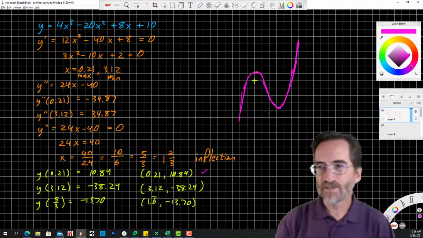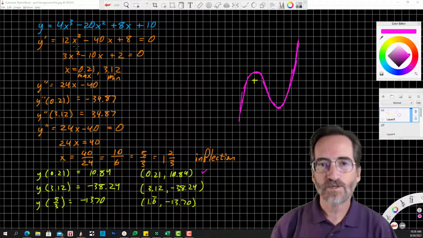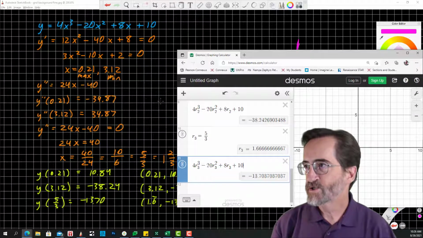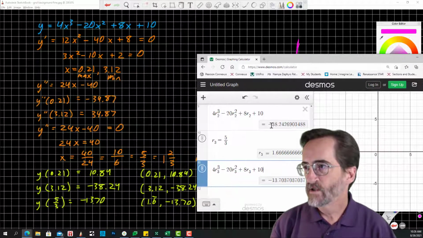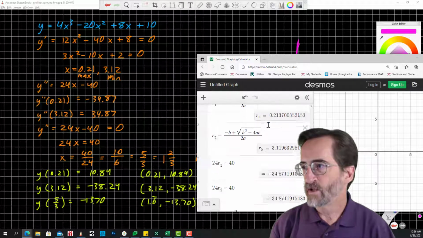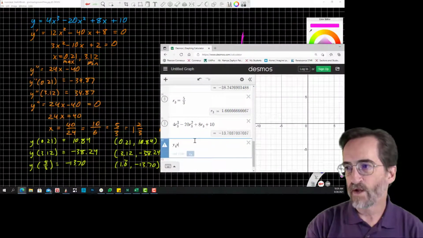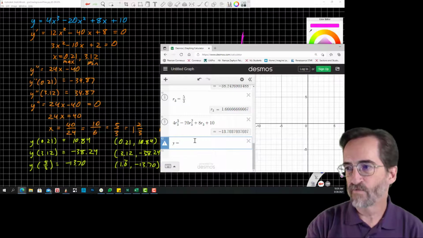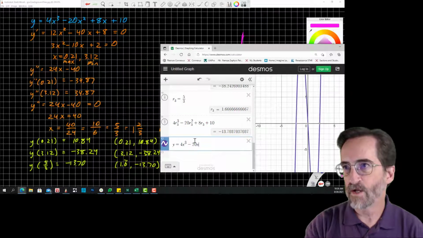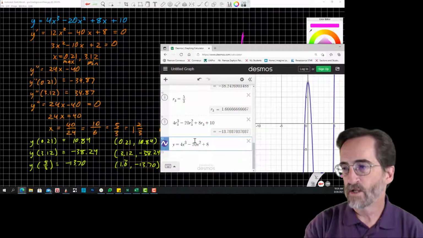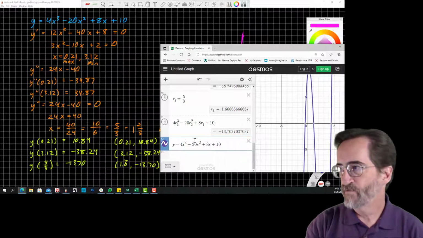Now let's use Desmos to check a couple things here. So I'm going to go ahead and put in the function y equals 4x cubed minus 20x squared plus 8x plus 10.